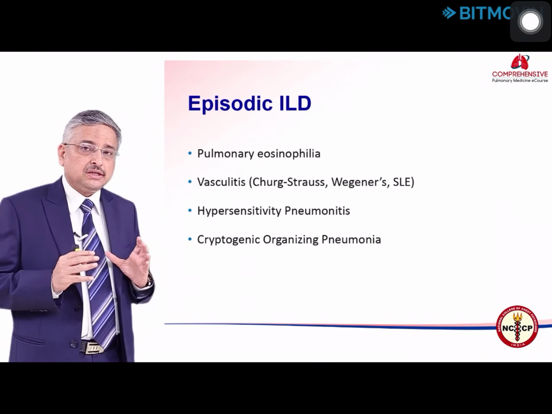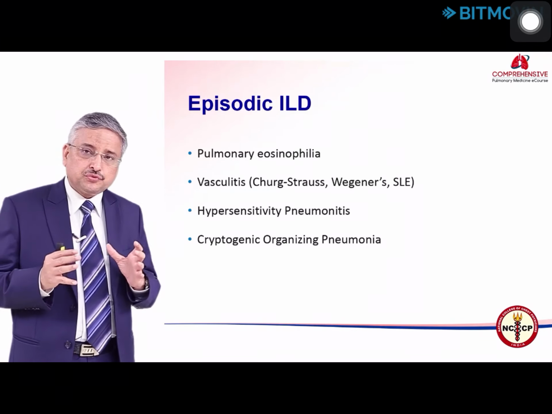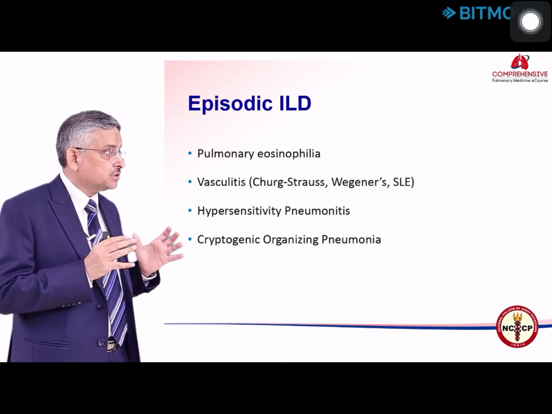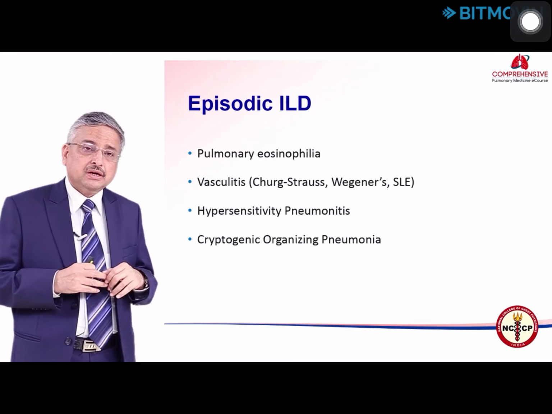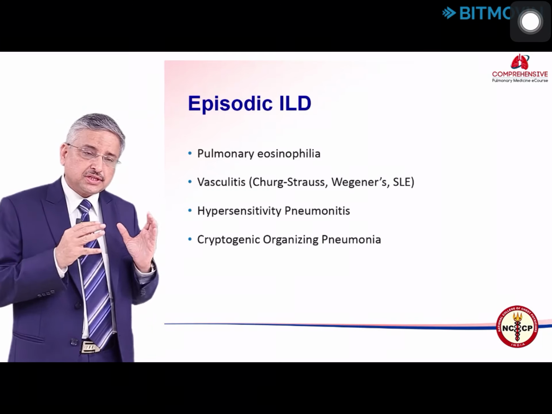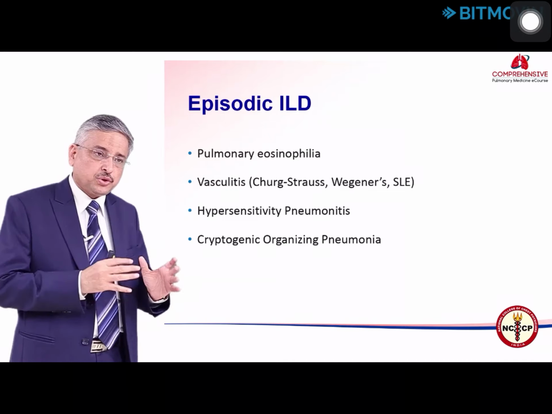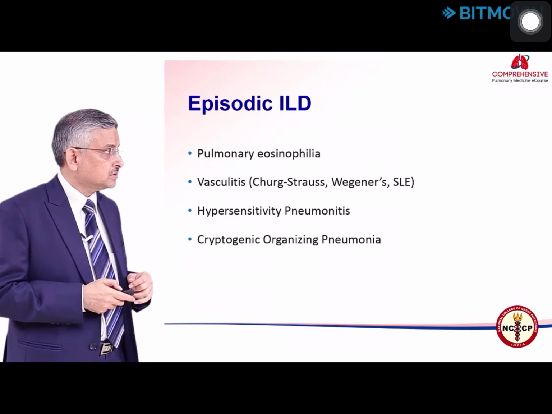The episodic ILD, if you have a patient who has interstitial lung disease which comes and goes, think of pulmonary eosinophilia, think of vasculitic syndromes like Churg-Strauss, Wegener's or SLE, think of hypersensitivity pneumonitis and cryptogenic organizing pneumonia. These are the interstitial lung disease patterns which can be episodic, and you may have a patient who responds and then relapses and responds, and then you may think of these types of interstitial lung disease.